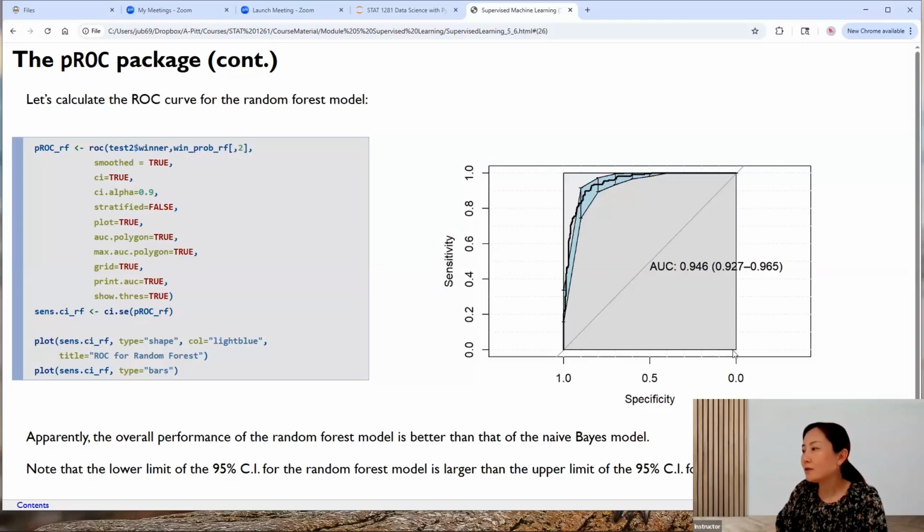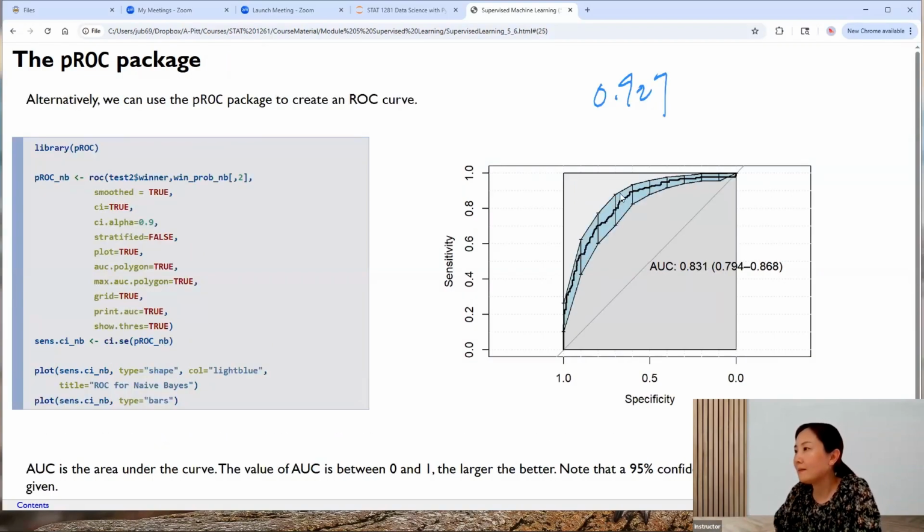However, you can still make a conclusion about the best model because you see the lower limit of the AUC for random forest, which is 0.927, okay, is higher than the upper limit of the AUC for the naive Bayes model.